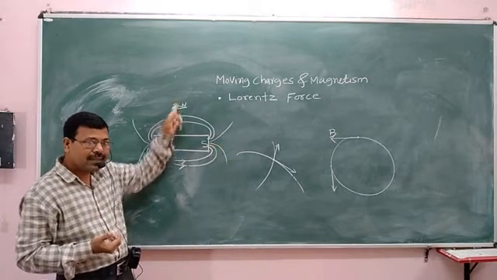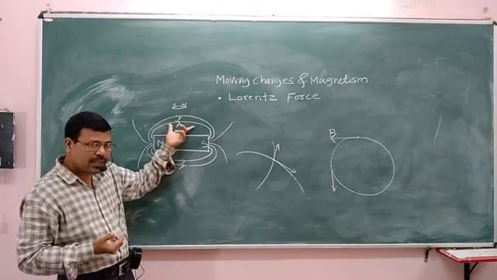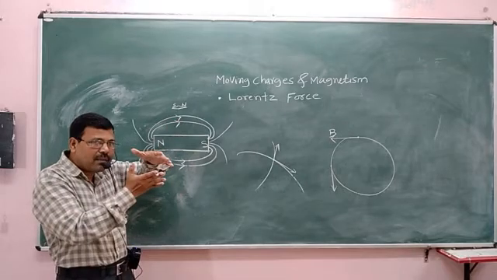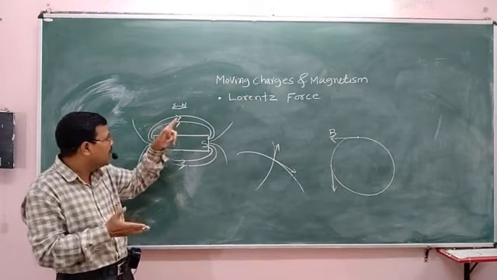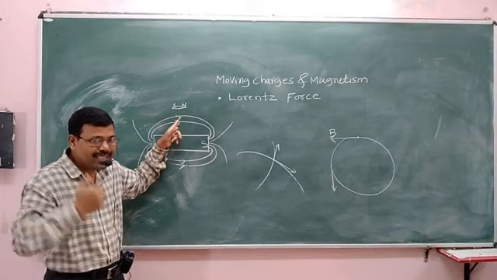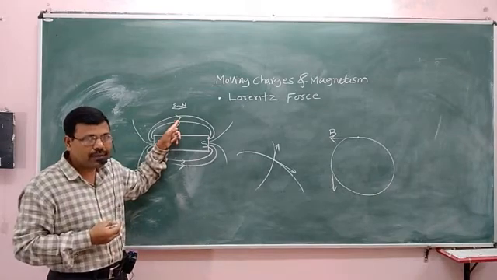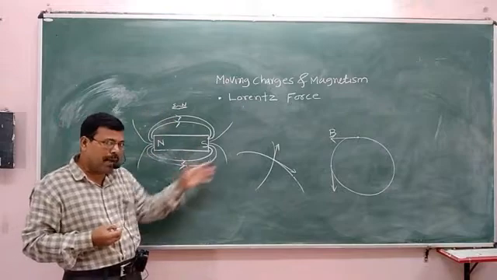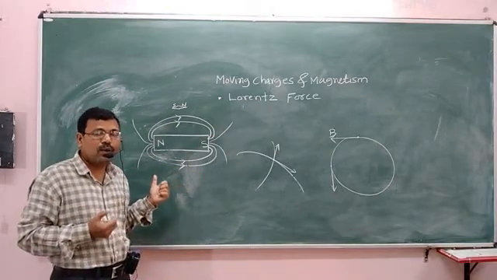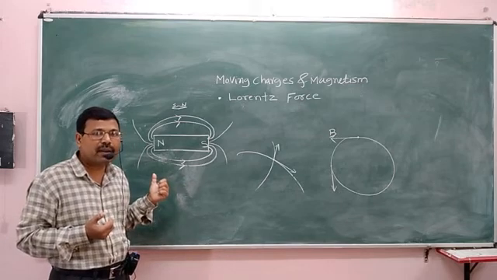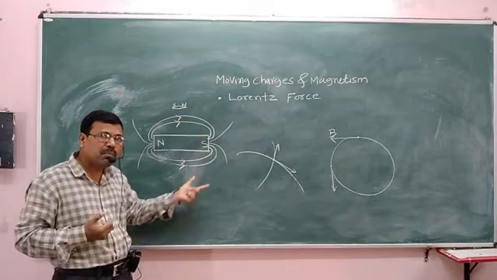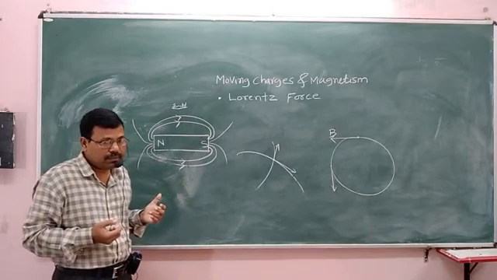Here, near the side of the bar magnet, the magnetic field lines are farther apart. There, the strength of magnetic field would be weaker. So, such a pattern of magnetic field lines gives us non-uniform magnetic field. The strength of magnetic field at different points is different.